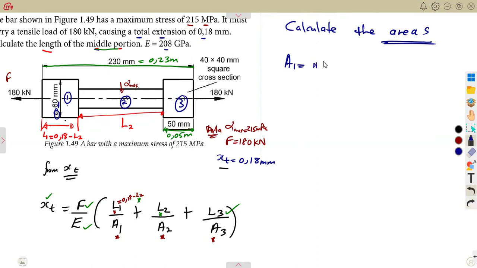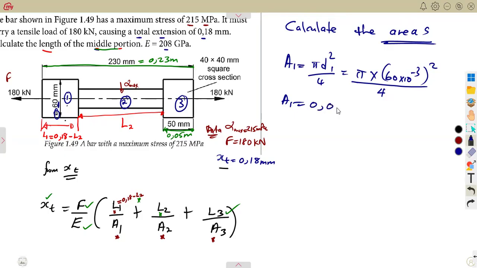So area can be calculated as pi d squared over 4. So that is pi times the diameter, 60 times 10 to the exponent of minus 3, squared, over 4. So you're going to have the area of the first section: 0.00282743338 square meters, which has a few zeros.